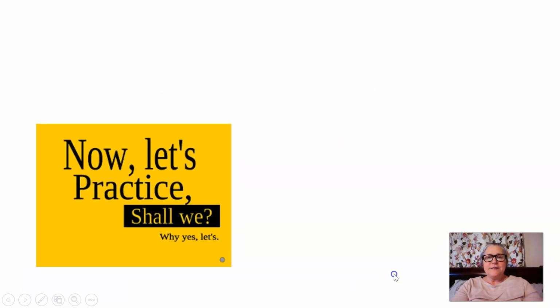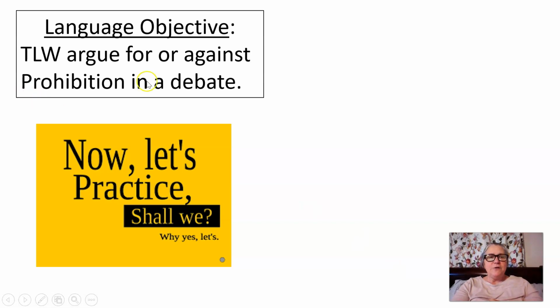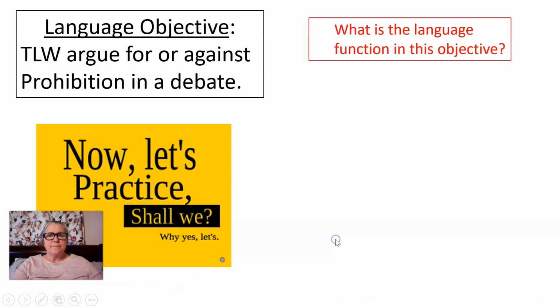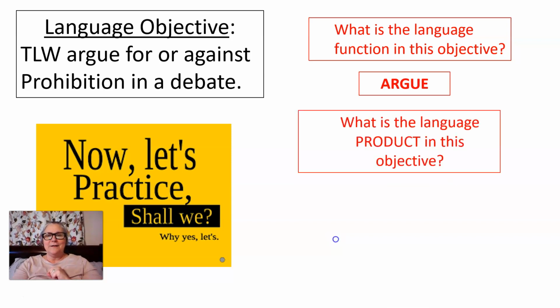Let's do some practice. Here's the language objective. The learner will argue for or against prohibition in a debate. What is the language function in this objective? Did you say argue? Good. What is the language product in this objective?